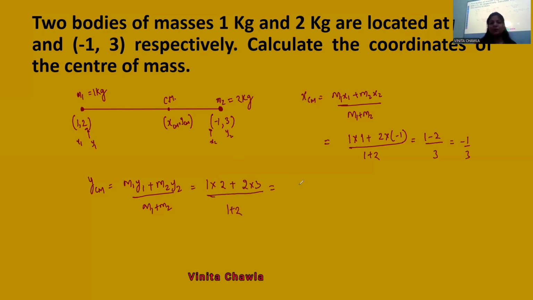On solving this, we'll get (2 plus 6) upon 3, which is 8 by 3. At the end we'll write the coordinates of center of mass: -1/3, 8/3.